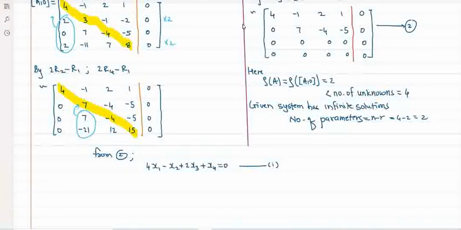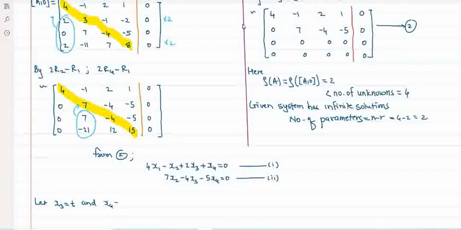Second equation: 7x2 minus 4x3 minus 5x4 is equal to 0, and suppose this is number 2. So let x3 equal t and x4 equal s. Why am I taking these two variables as parameters? Because we have obtained two parameters, that's why I am taking x3 and x4 as parameters.